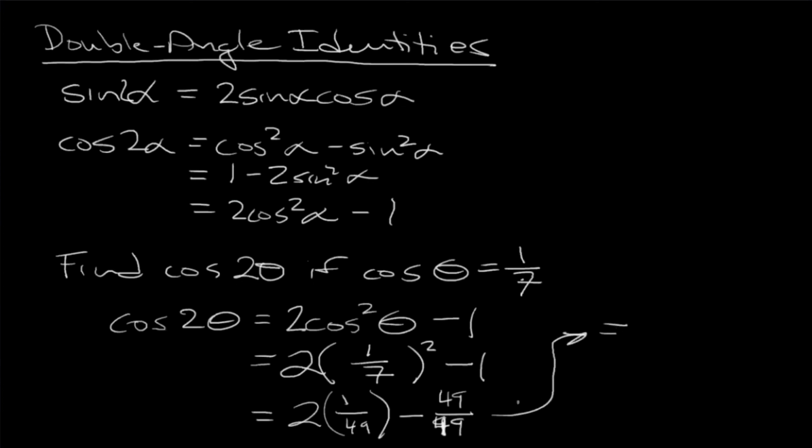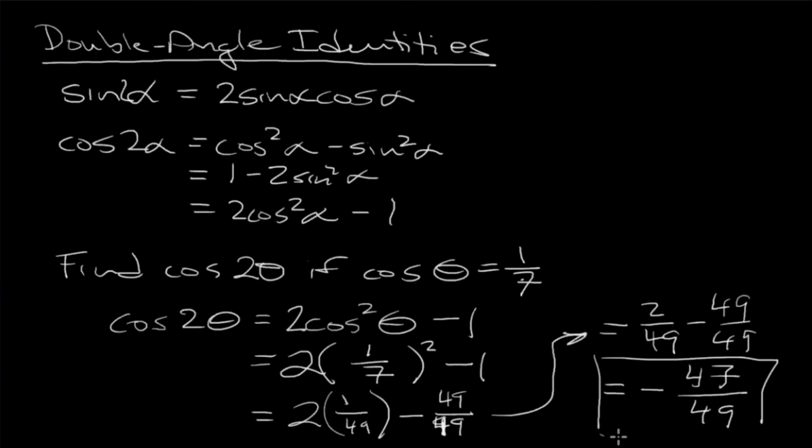And then I have 2 over 49 minus 49 over 49, which is going to be negative 47 over 49. And so that right there, even though I never found out what theta was, it didn't matter.